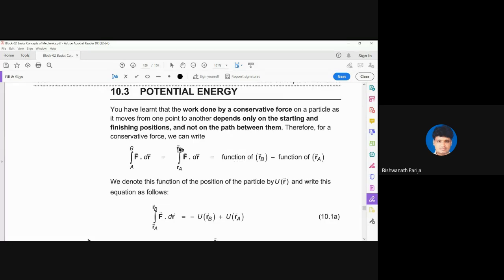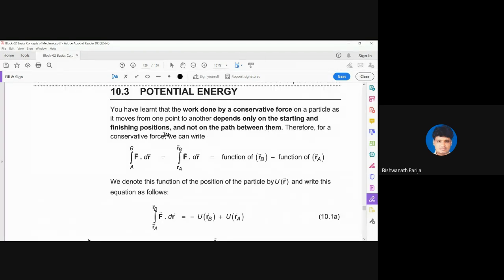So how do we find the potential energy? The work done by a conservative force on a particle as it moves from one point to another depends only on the starting and finishing positions and not on the path between them.